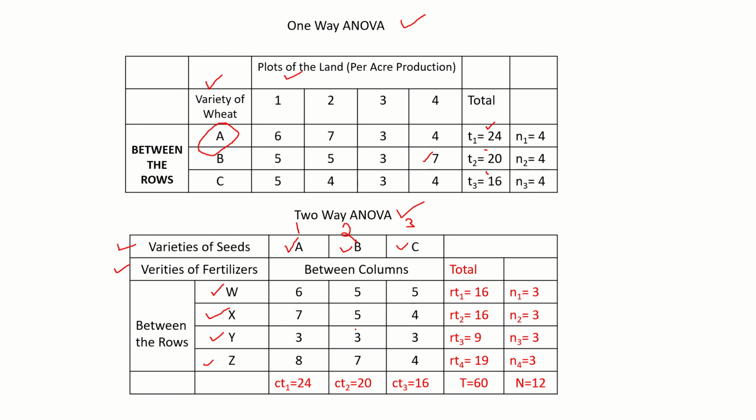Let us remember once again what we are going to see: the difference in mean in both cases. In the first one, we are checking the mean difference row wise. But here we are going to see both row wise and column wise. So, obviously, for row wise there will be one null hypothesis and alternative hypothesis, and for column wise we will also get one null hypothesis and alternative hypothesis.